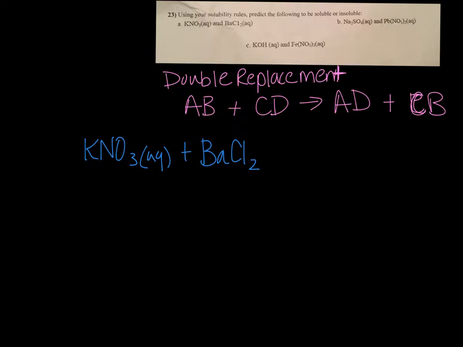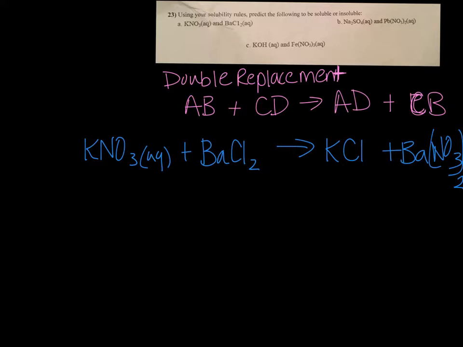All of group 17 is always going to be soluble. So there we go with that one. We're going to yield, we're going to switch partners here. So now I'm going to have potassium chloride plus barium nitrate. And make sure you throw the 2 on the outside. Barium has a +2 charge and that gets swung over. Nitrate is a -1, okay?